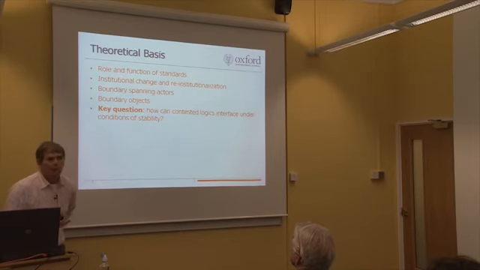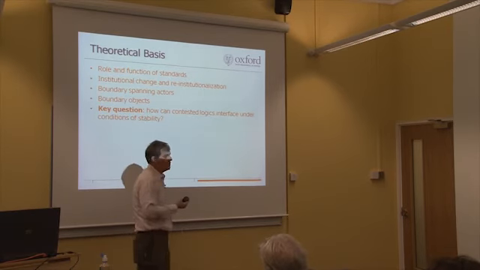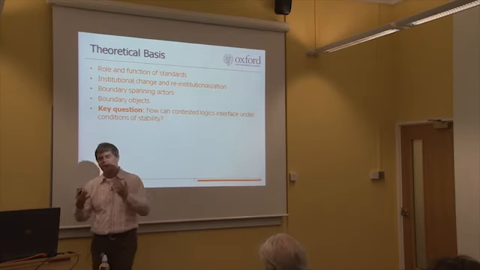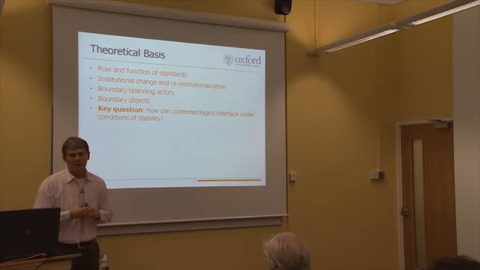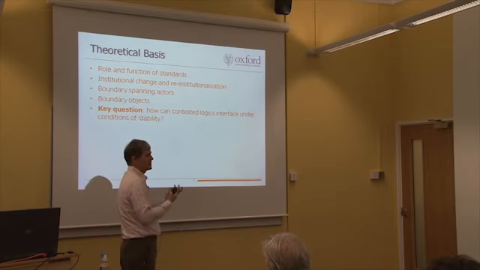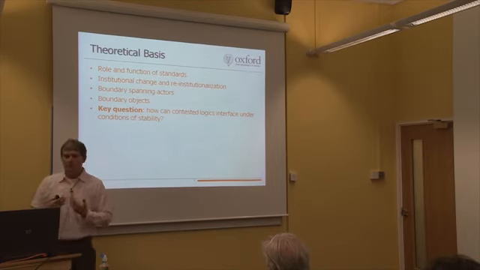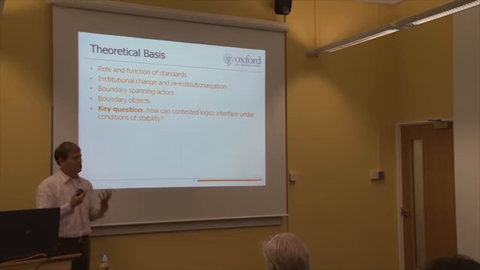If you look at this literature, what it tends to say is that when you have competing logics, when you have different institutional logics that are in some senses banging up against each other, you typically get a period of conflict and then a period of resolution and a new consensus emerging. What we thought we could see in fair trade is not that process.